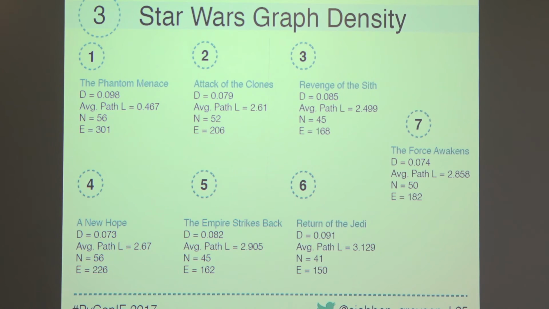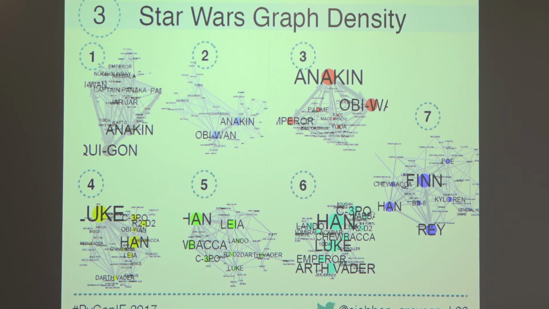We have number 1, number 2, and number 3. So these are not the first three, but the latter three, before number 7, where Anakin's story is told, and we can see that Anakin is quite prominent in these networks. I should say that the nodes are sized by the weighted degree again.